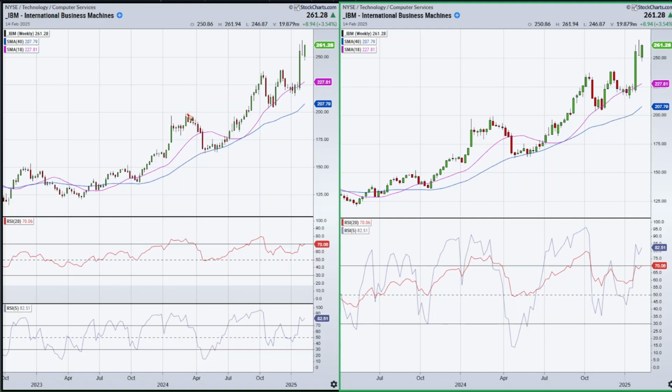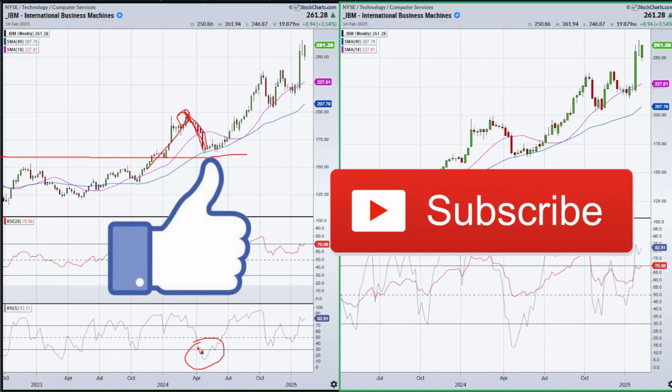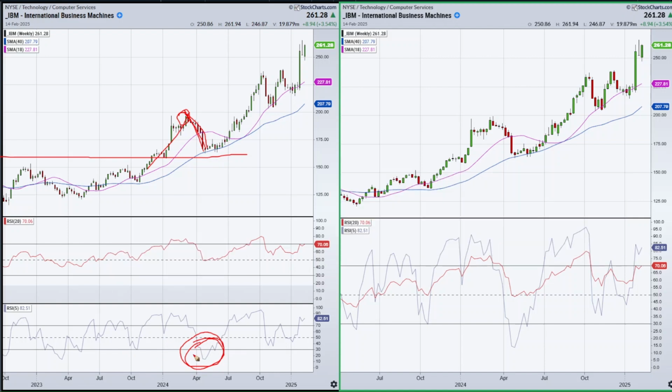This pullback here is the first pullback in a new emerging trend. And a lot of times you will get sometimes non-believers, people that are taking advantage of a big move, saying, oh, this stock hasn't been going anywhere for years, I'm going to take a profit in it, and causes it to drop down. And you do get an oversold reading, usually more early in the trend rather than later.